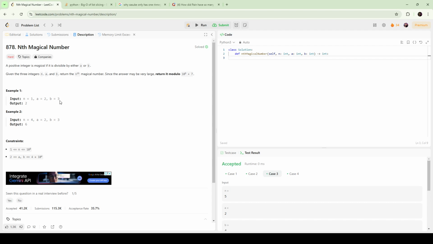And then if I take into account that now I need the magical number of 3 and 2, there's going to be some numbers in between. 2 is going to contribute something to that sequence, for example 2, 4, 6, 8, right? So hence, if we take the larger number and multiply by n, we're going to get the upper bound.